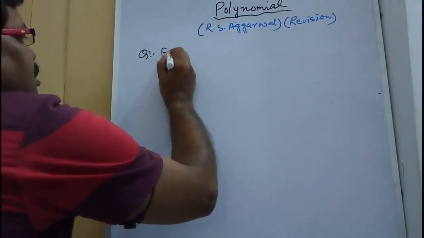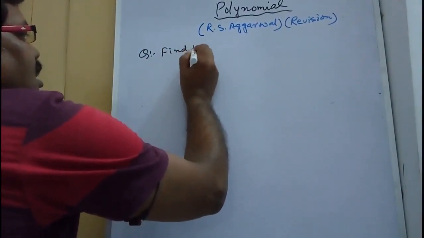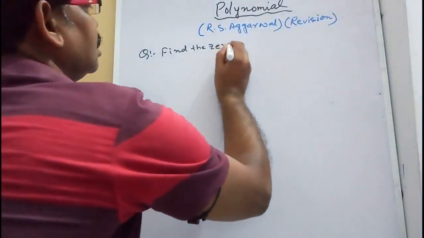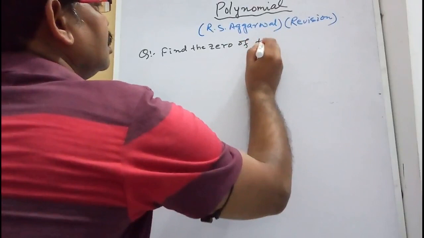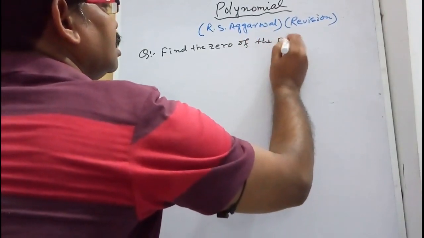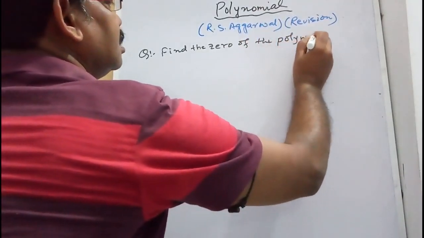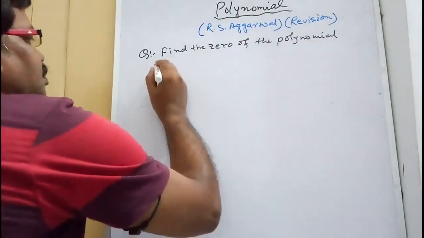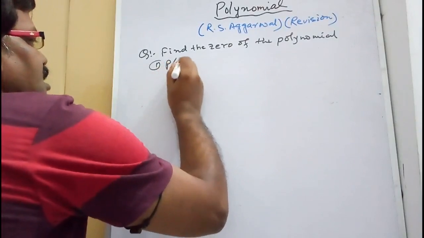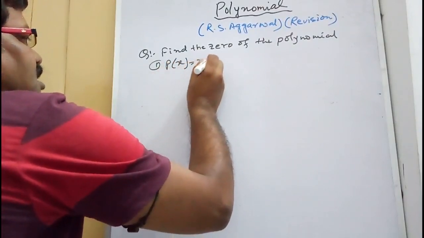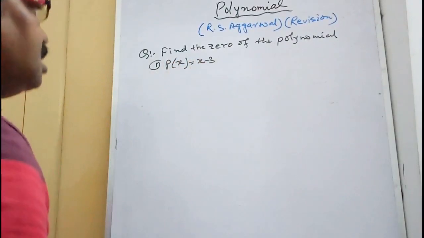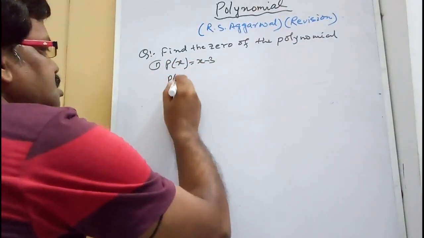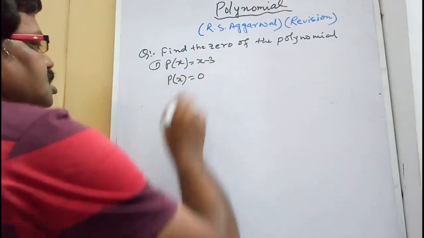Find the zero of the polynomial. So first p(x) equal to x minus 3. You have to find the zero of the polynomial. So p(x) equal to 0.